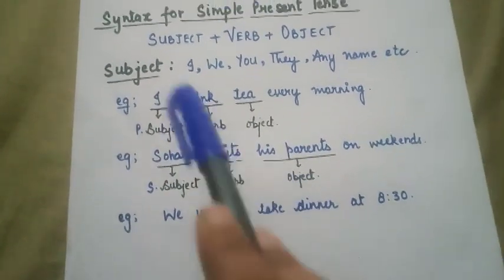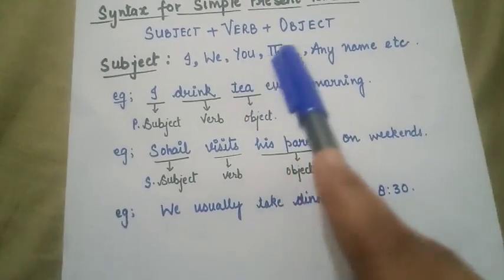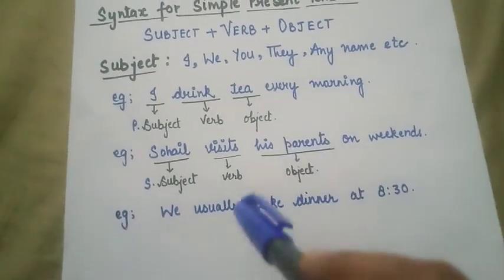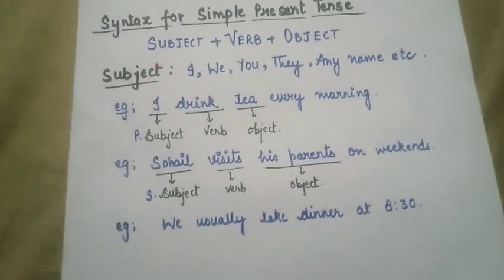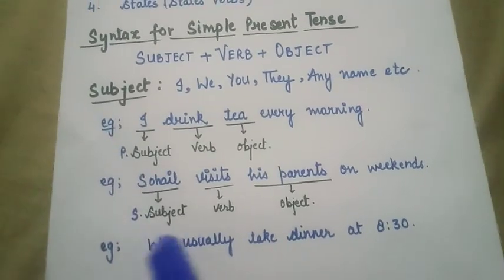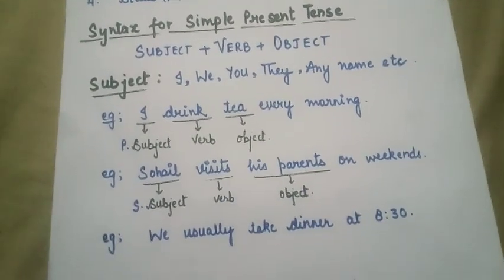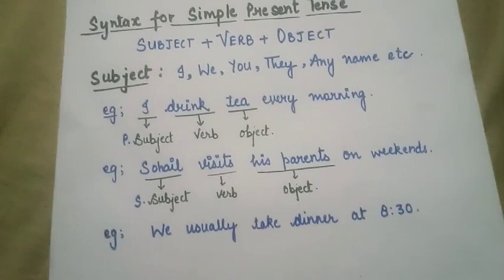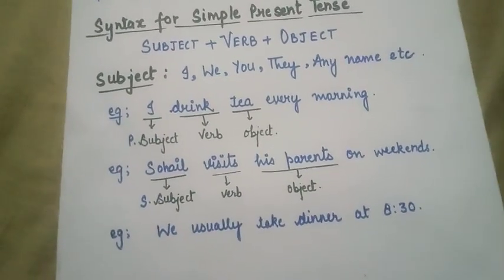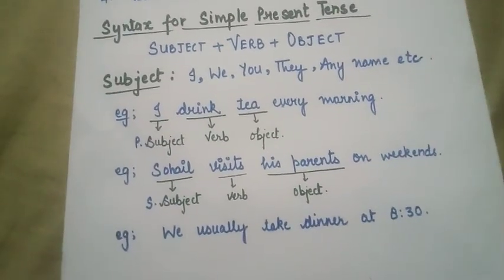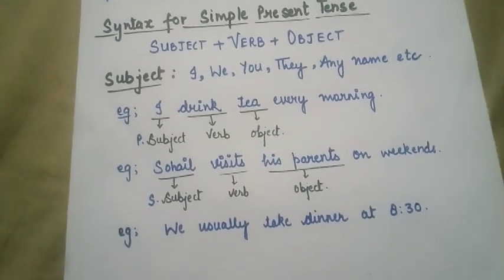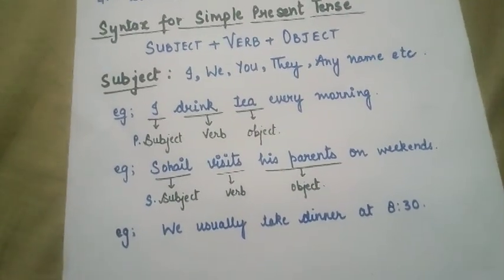See children, in the first example, I drink tea every morning. When I say this, you will feel that I do things every morning, that I am doing this every morning, right? So this shows that I regularly do this work, meaning from Sunday to Saturday, right? This tells us about our habit, right?